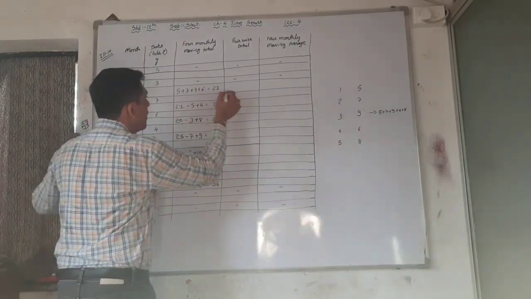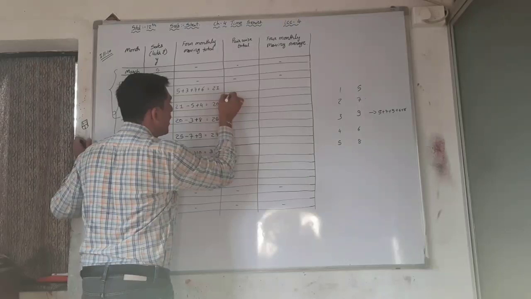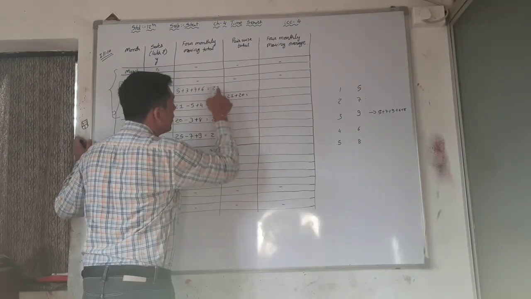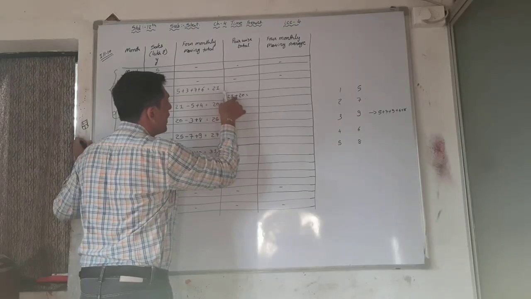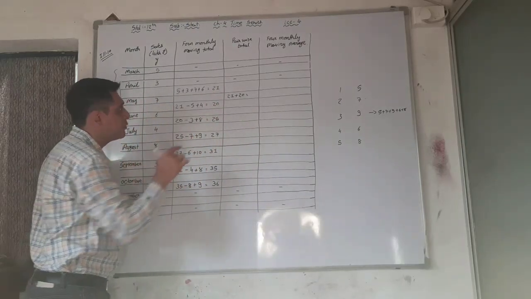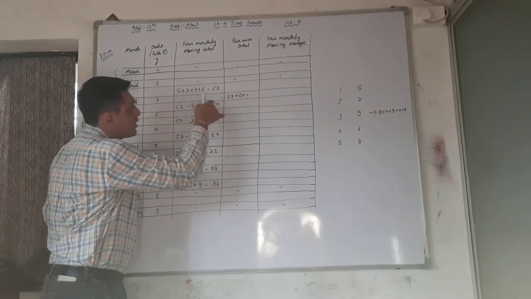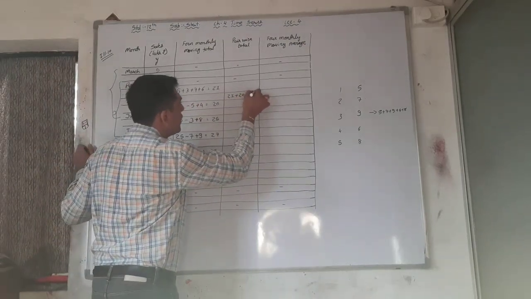First of all, the total of these two, 21 plus 20, we write here in the center. Again the same point, that is 20 plus 21 is equal to 41.